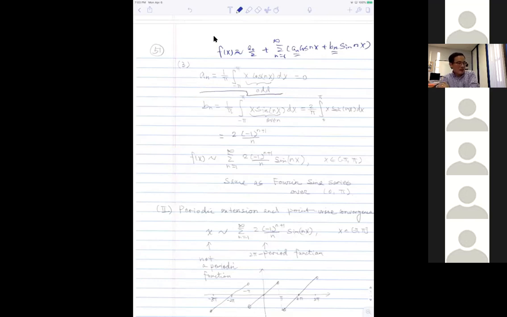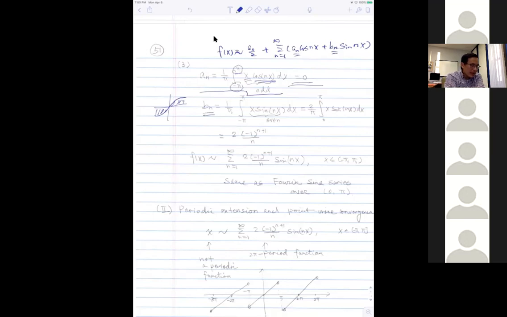Now, cosine is an even function, x is an odd function, so the multiplication of an odd function and an even function, as Jian Kai just said, is an odd function, so therefore the integral from negative pi to pi is 0. They cancel out. For an odd function, the area here and here cancel out, so therefore the integral is 0.